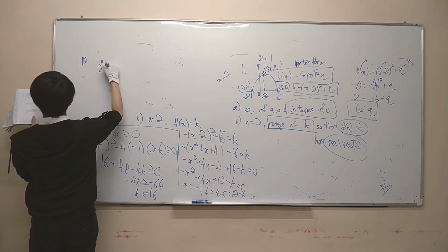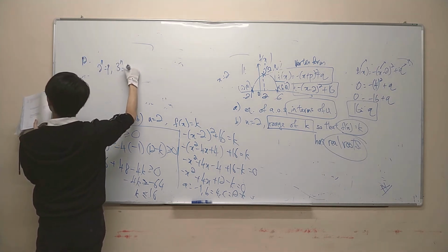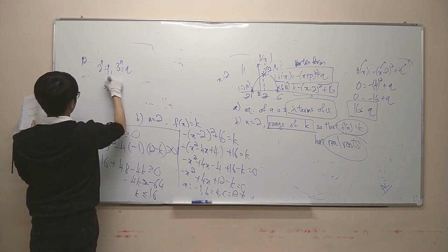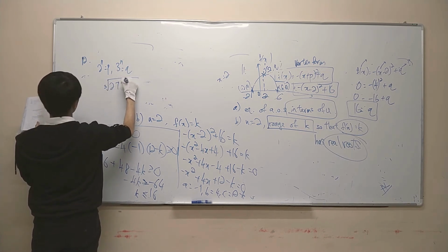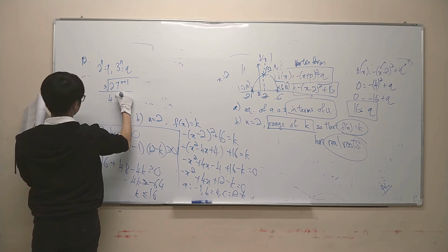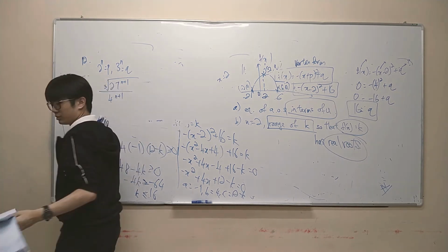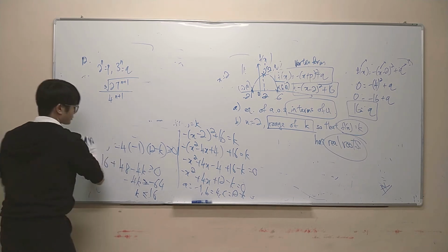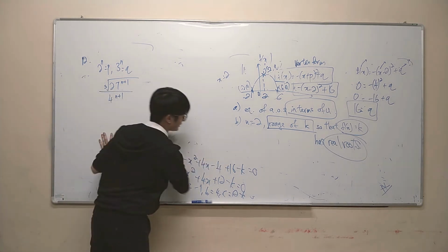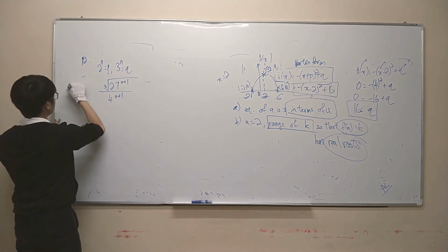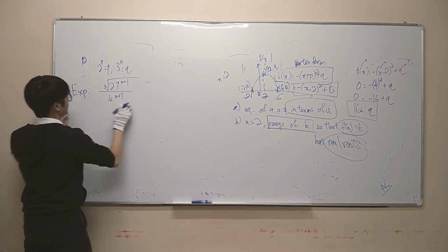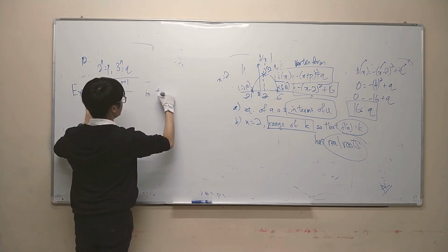Given 2 power n is p, 3 power n is q, and then express the cube root of 27 power n plus 1 over 4 power n plus 1, and then express this in terms of p and q. Okay, let me erase this. So also express this thing here in terms of p and q.